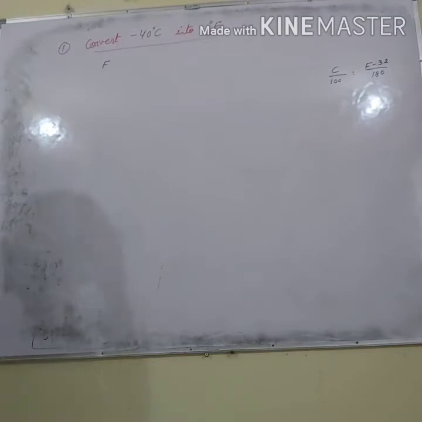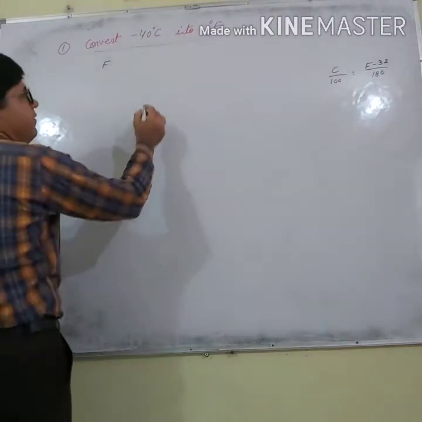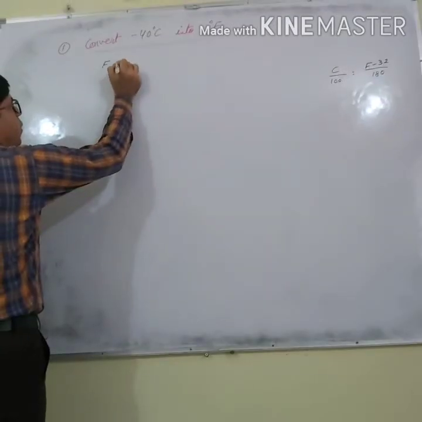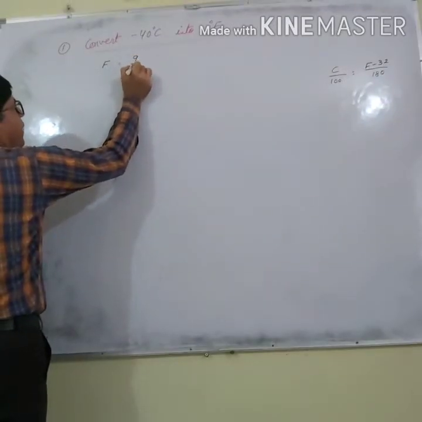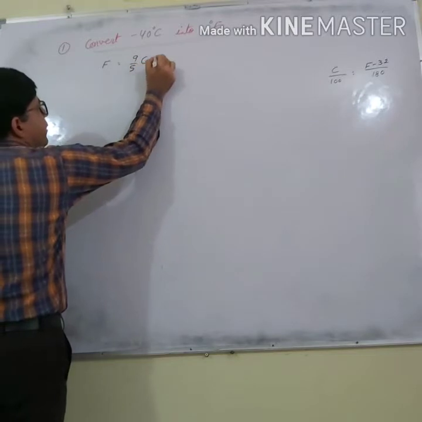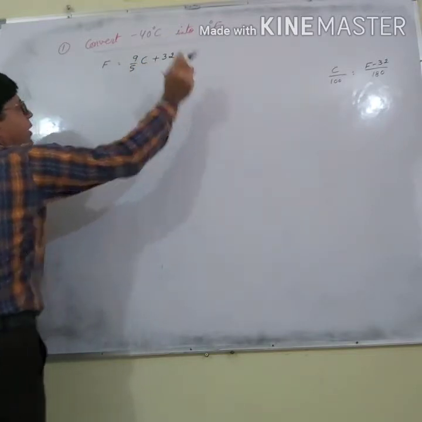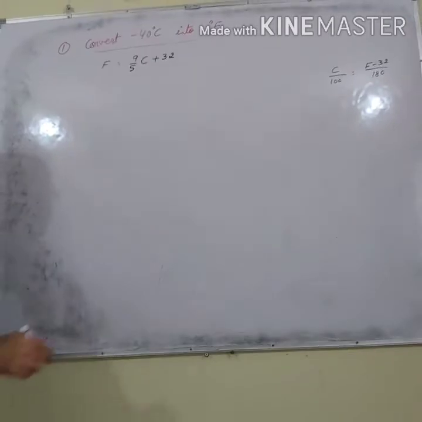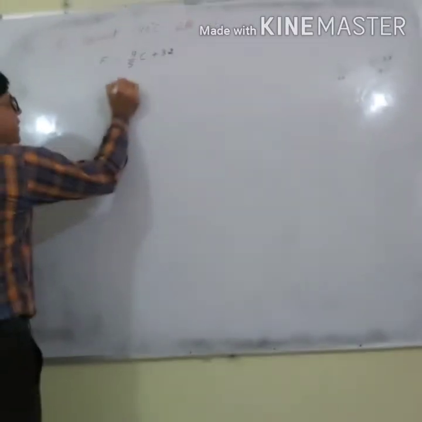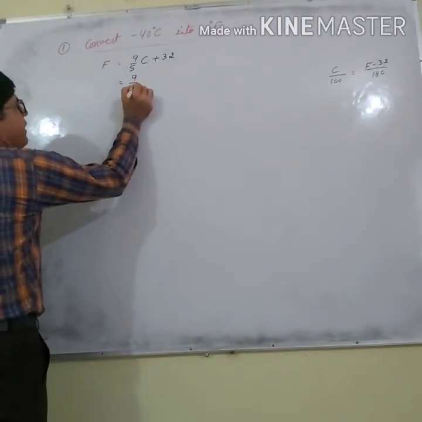Now, what is the formula by which I can convert Celsius into Fahrenheit? That is, I can calculate the temperature in Fahrenheit if I am given the temperature in degree Celsius. So the formula is F equals 9 by 5 C plus 32. What is C here?